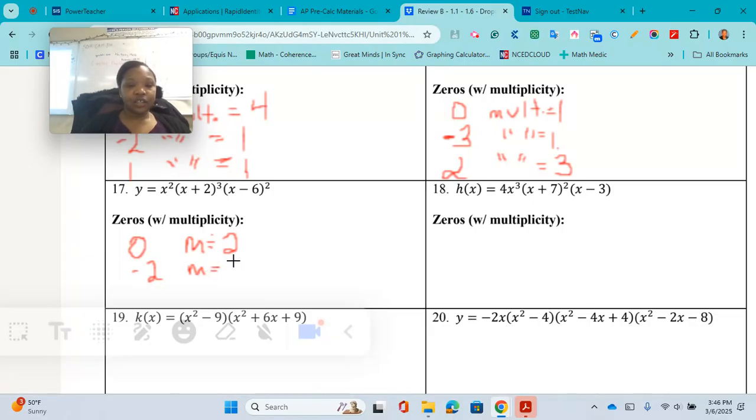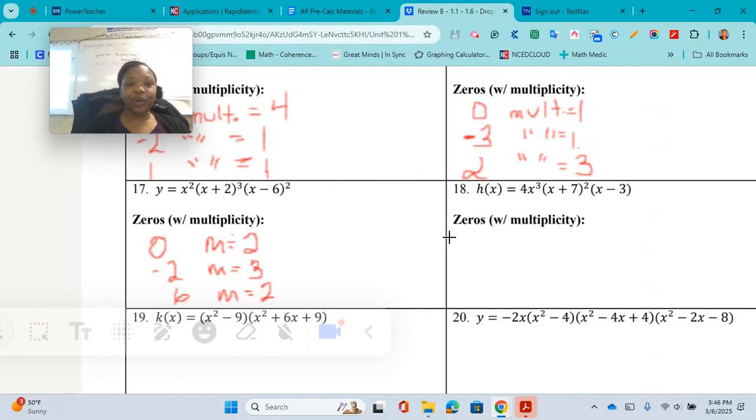Is everyone understanding where we get the multiplicities from? All right, and we have 6 with the multiplicity of 2. All right. Any questions on that one?